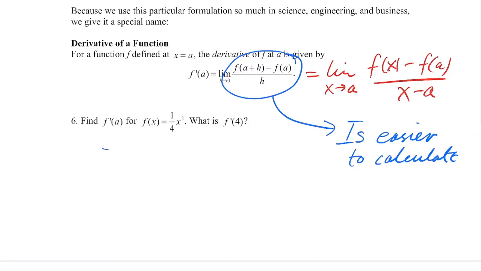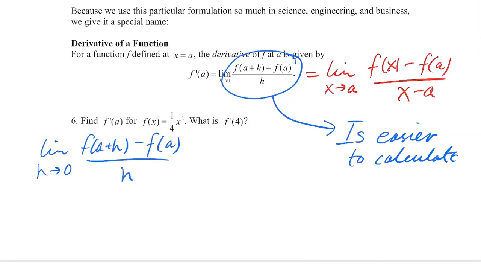So f prime of a is asking us to perform this operation without numbers. It's saying just do it for the letter a. So that means we need to look at the limit as h approaches 0, and we're going to plug things in. So f of a plus h minus f of a over h. Okay, well in this case, the function is 1/4 x squared.